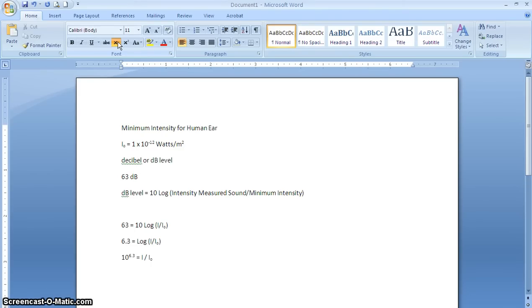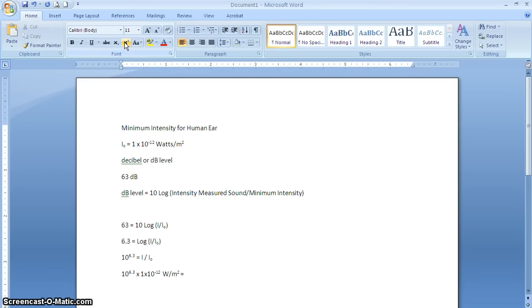And I know I sub O is 1 times 10 to the negative 12th, so I take 10, raise that to the 6.3, and I'm going to multiply that times 1 times 10 to the negative 12th watts per meter squared.